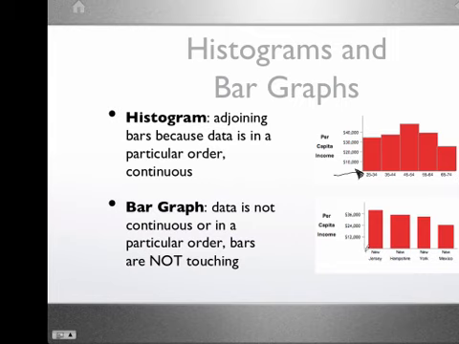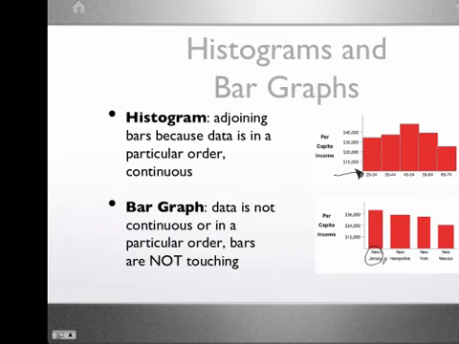Notice over here, there's a gap in between each of these bars. This bar graph does not display continuous data. The bars don't touch, and so oftentimes we use a bar graph for something like this that would be categorical.